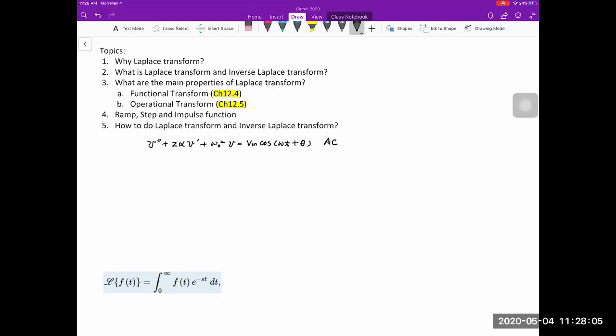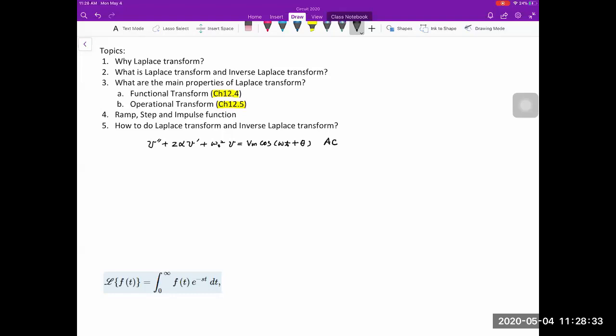And we kind of skip the process if you actually solve this differential equation. The standard process of solving this is you make the left-hand side equal to 0, you find the natural response. You use Vm cosine of omega t plus theta, you find a particular response. You add them together, you get the total response. Then you use the initial conditions, right?